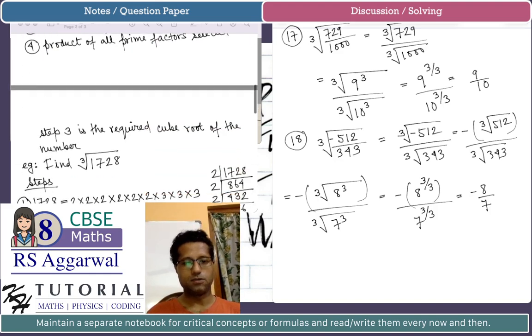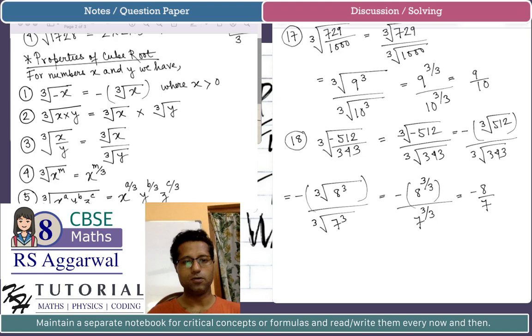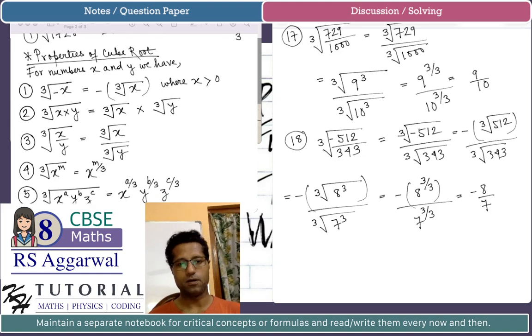Then we saw some properties of cube root, that is, the cube root of minus x is equal to the negative of the cube root of x, and then the cube root of x into y, where x and y are either positive or negative numbers, is equal to cube root of x multiplied by cube root of y.